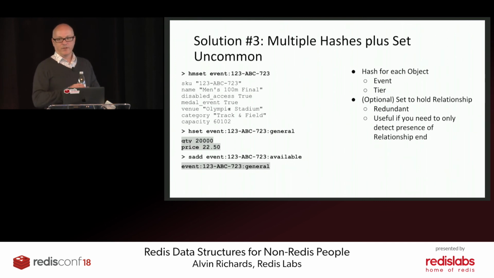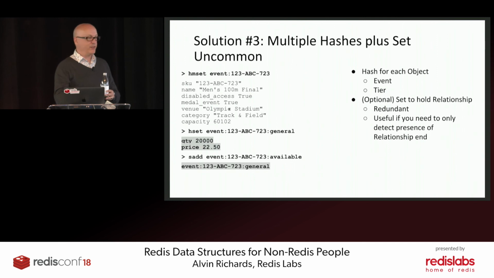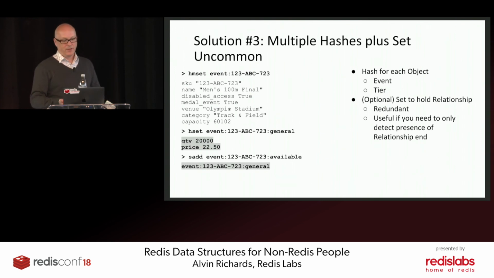So if you want to more normalize the objects and separate them out, you can. You could argue you don't need to store the set. The set is already implied by the naming of our keys in the first place. Because I've named the general ticket tier essentially with the key name for the event, then I've just added in the ticket tier name.